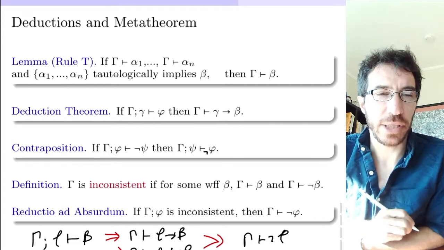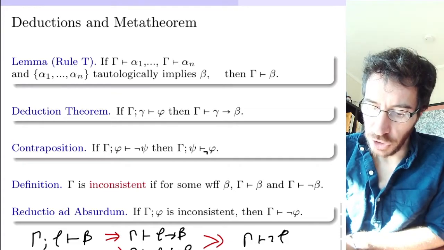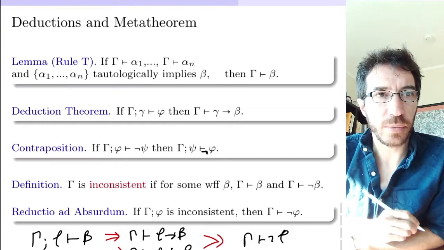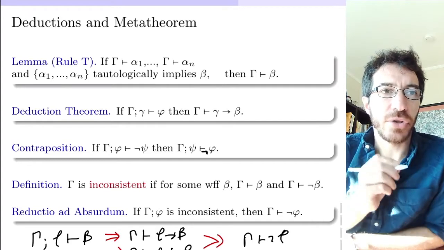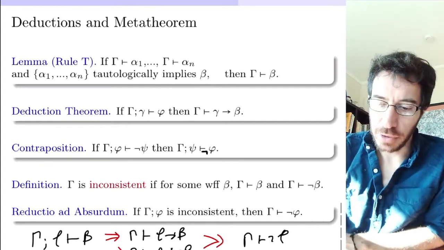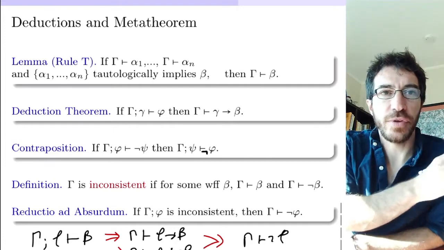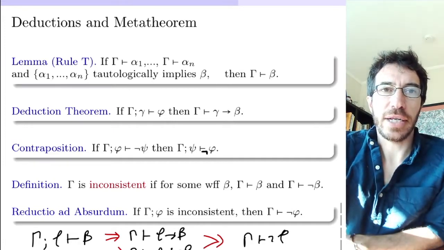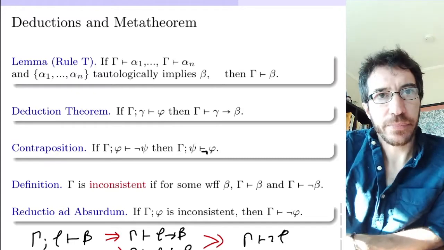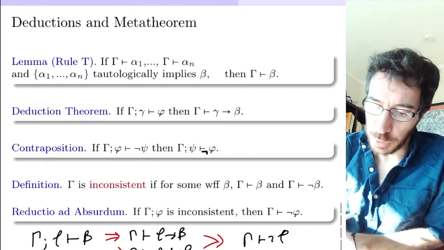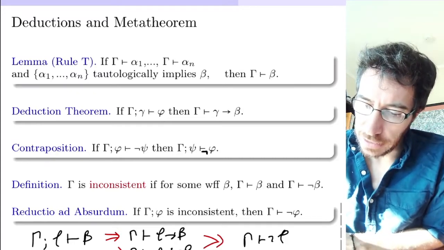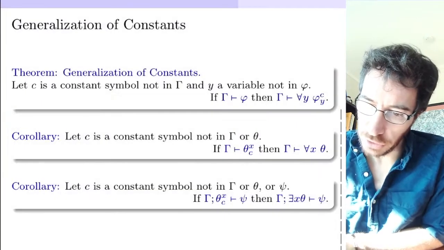That was a typo right there; it should be not phi. So we are negating both, essentially. You know what a contrapositive is: if you want to prove phi implies not psi, you can assume psi and prove not phi. Same thing.